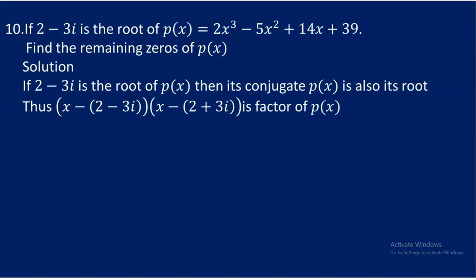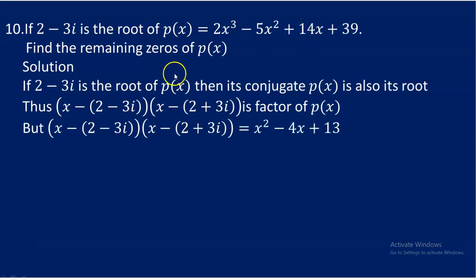So clearly the product must now be obtained. We have to consider the product of these two: x minus (2 minus 3i) times x minus (2 plus 3i). So student, here x times x makes x squared. And x times this is going to be minus (2 plus 3i)x.